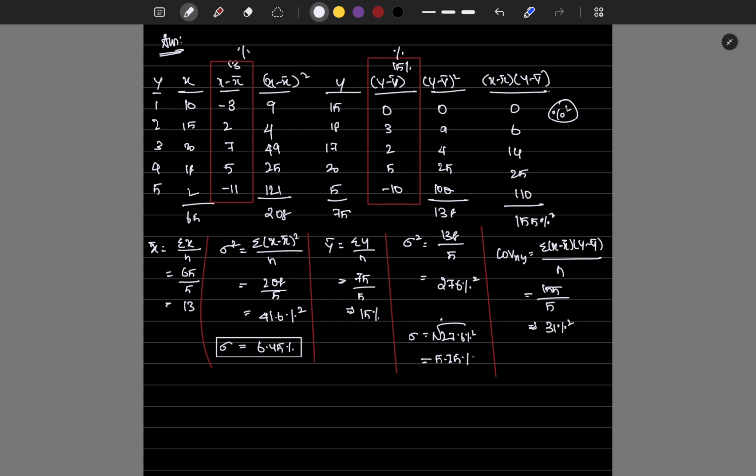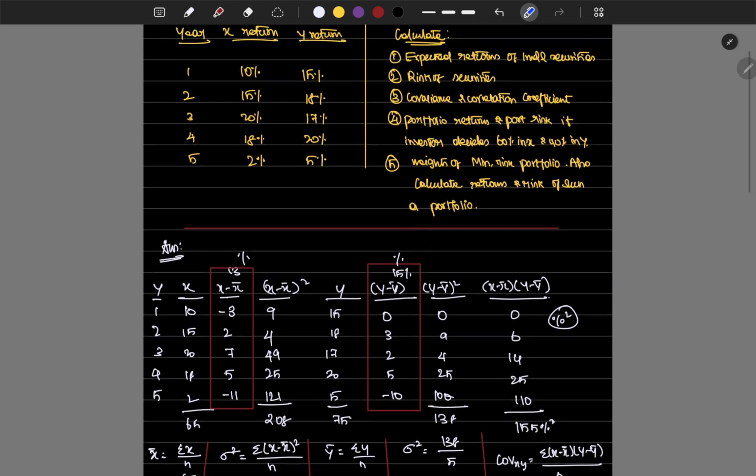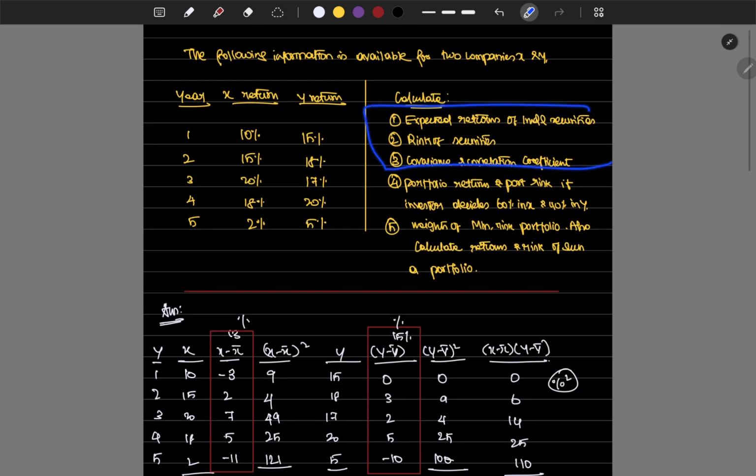Root this out, we'll get 5.56 percentage as the covariance. With this one table, we got the expected return of x and the risk of x, expected return of y and risk of y, and covariance between x and y.